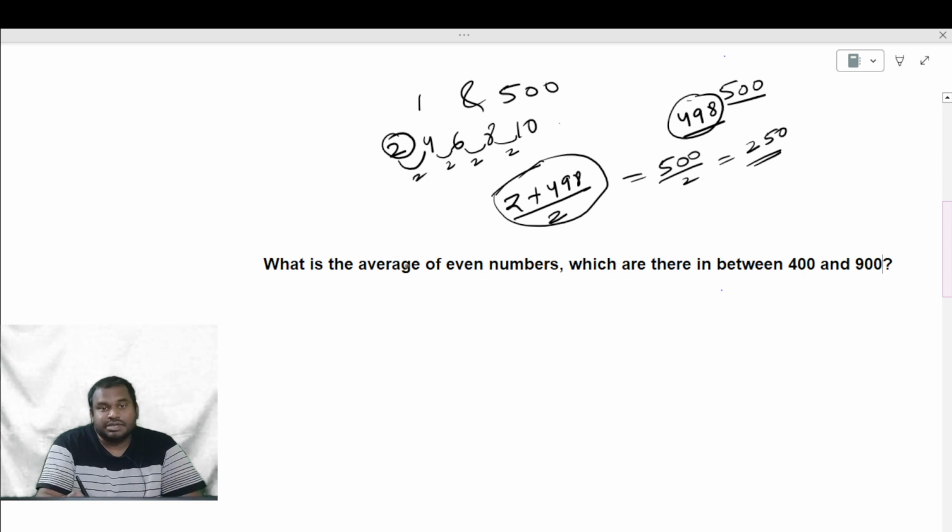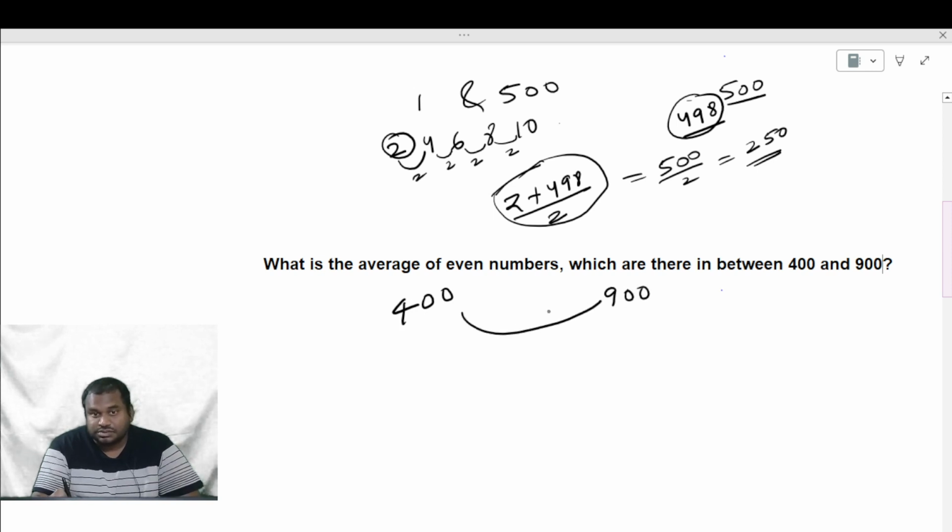It is the same as before, but 400 and 900 are the two values. In between these two there are some numbers, but we should take only the even numbers. What is the first even number which comes after 400? 402.